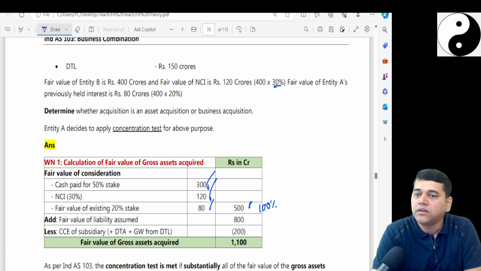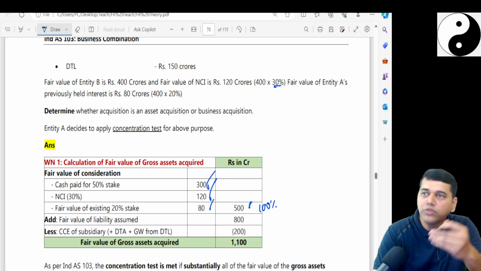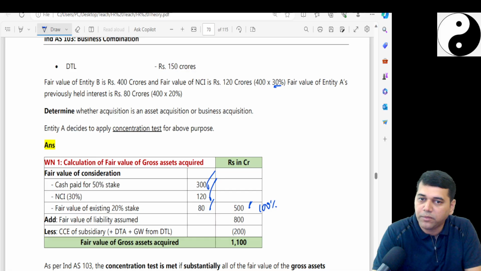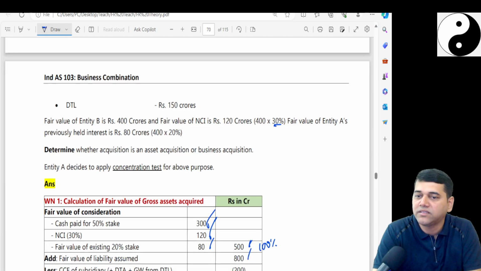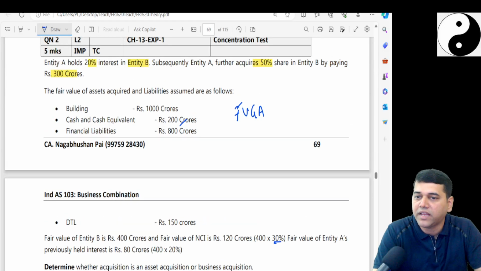Okay. Did you take the liabilities also? Yes, add back, because generally you deduct it from the liability. So that is also a purchase consideration paid. Minus, is there any cash? Yes, how much is the cash? 200. Cash and cash equivalents, you are going to deduct it. And your liabilities are 800 crore.